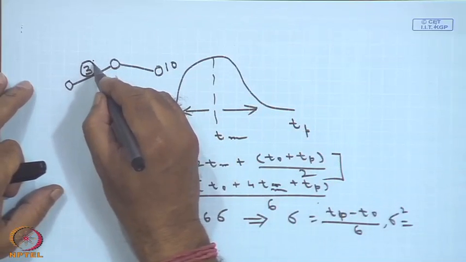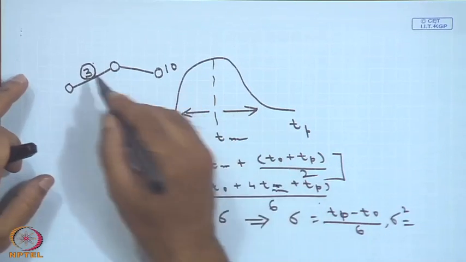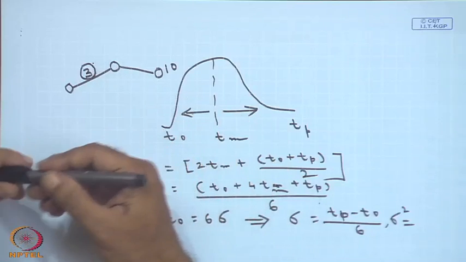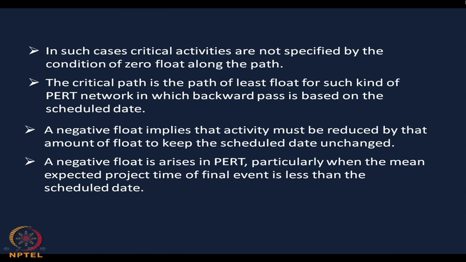The activity can be reduced further, by how many days we can decide. A negative float basically arises in PERT particularly when the mean expected project time of the final event is less than the scheduled date.